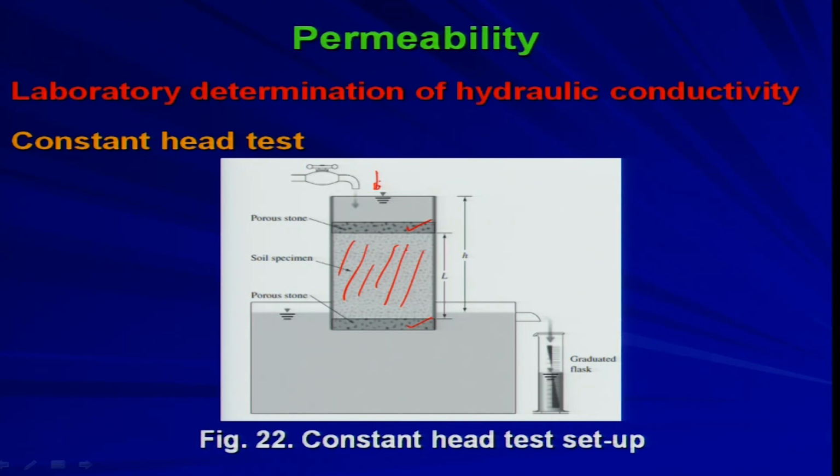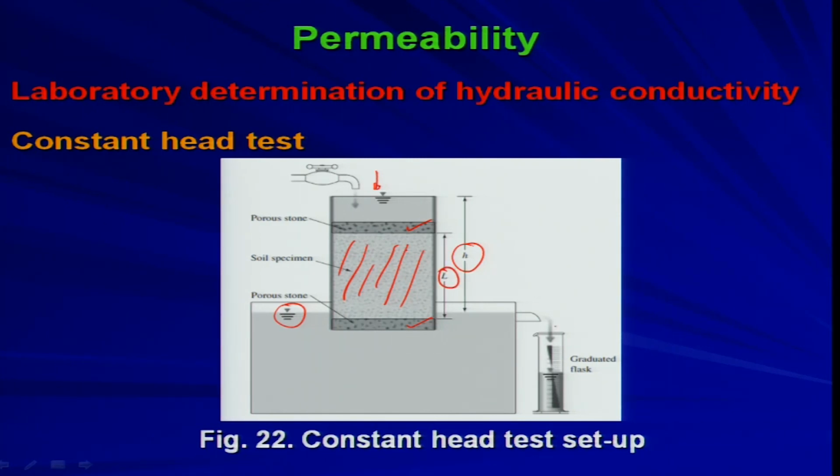This soil specimen will be resting on a tank, and this is the water level of this tank. Therefore, this small h is the head difference between the entry level and the exit level, and L is the length of the soil specimen.